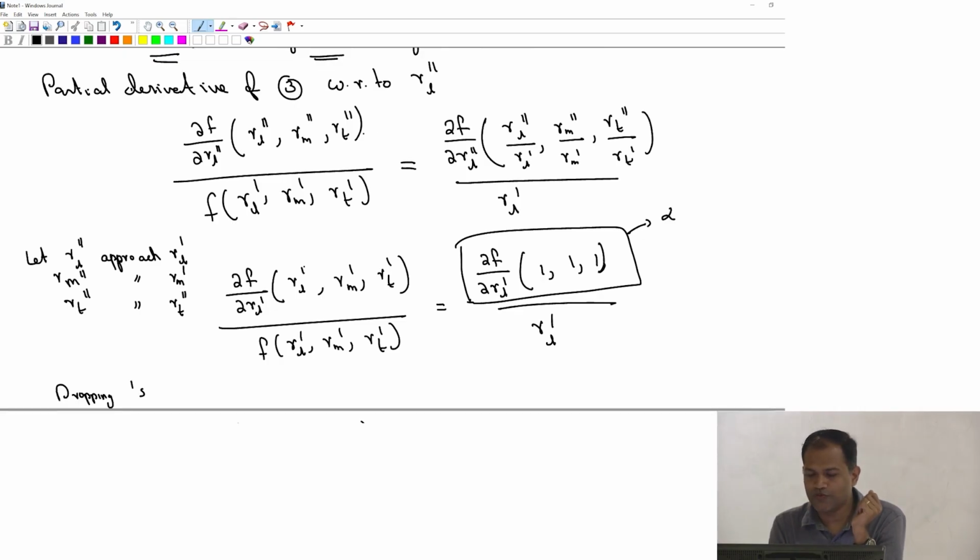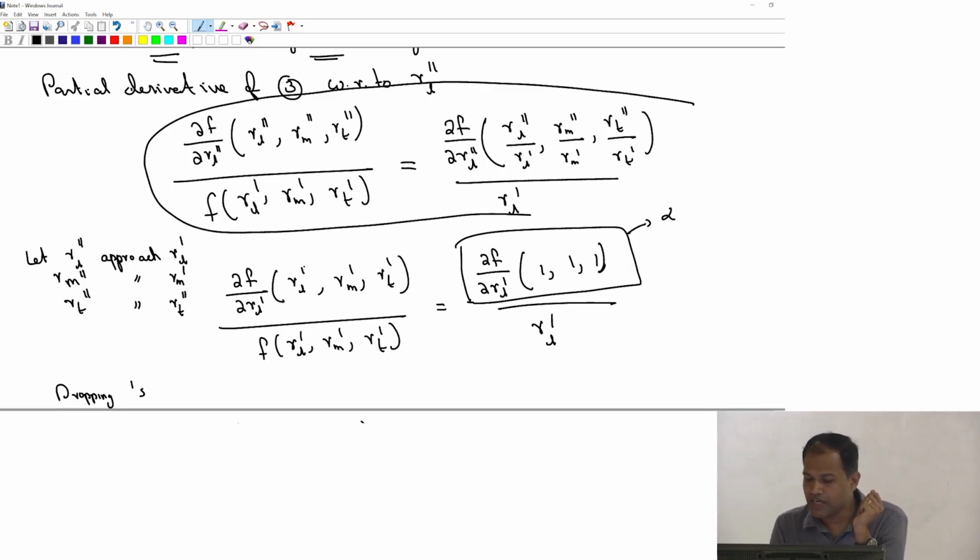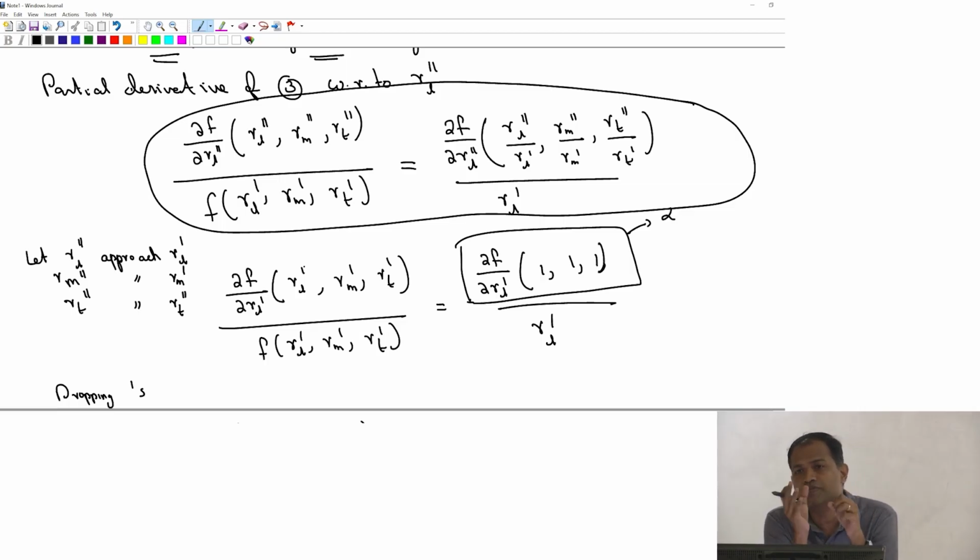Till we got this expression, we kept these two things as two different units, RL prime and RL double prime, or rather U prime and U double prime as two different units. Now, I am saying that we kept one of them fixed and the other changing so that we could do a differentiation. And we are saying that the one which we are changing is actually approaching the one which we have kept fixed.